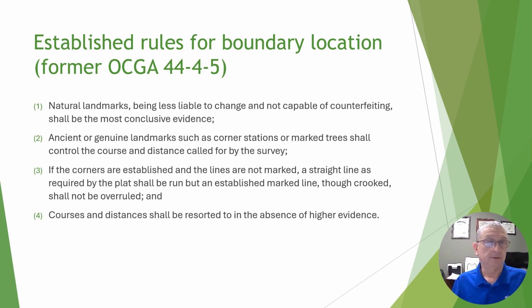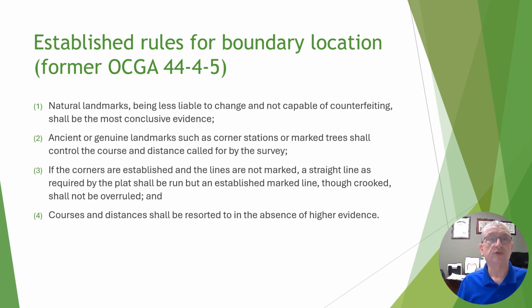Now, this part of the code section, in all likelihood, was calling for original markings by the original surveyors, like the original district surveyors in the 1800s or the original grant surveyors in the 1700s. But that same doctrine applies today to retracing and looking at existing boundaries. Georgia Code didn't even recognize area.